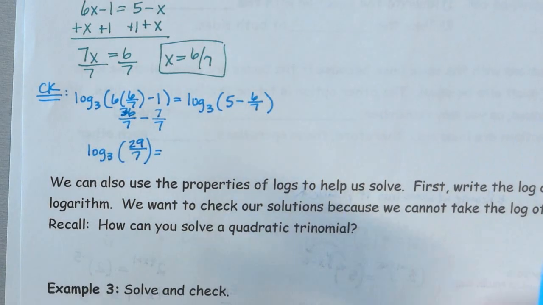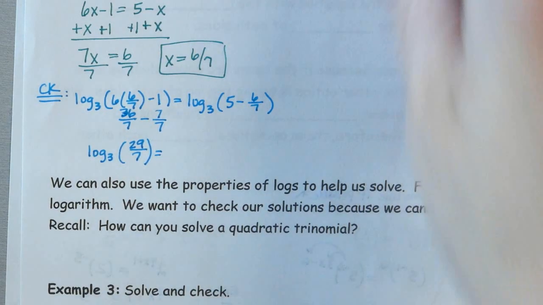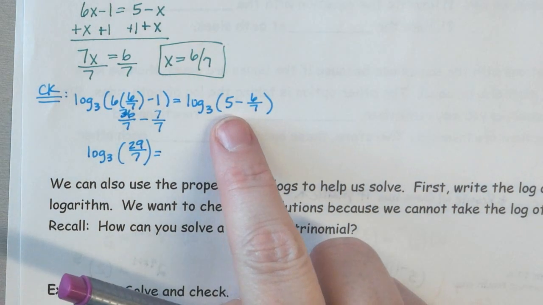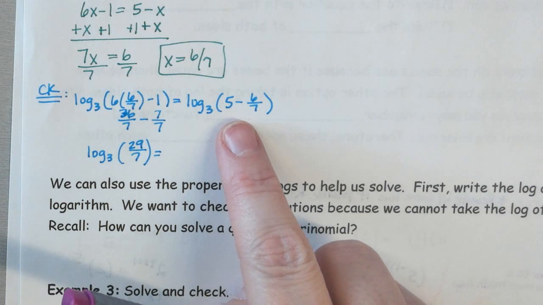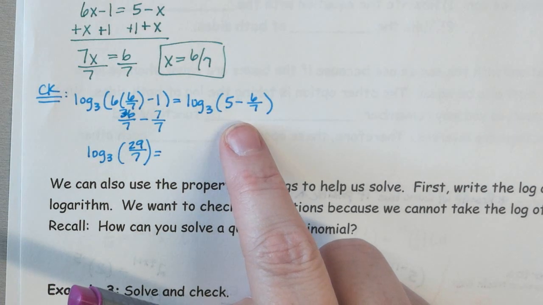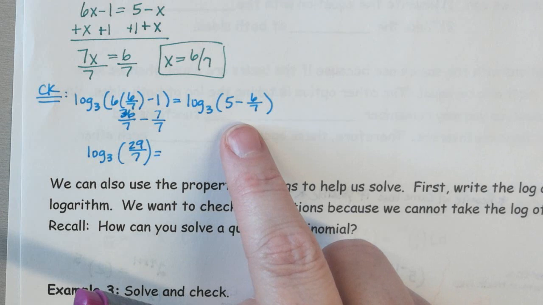Now, if you're using mental math, I would just rewrite this as a mixed number, right? Because what's 5 minus 6/7 as a mixed number? Yeah, 4 and 1/7. So that's something I thought you guys could do easier, like mentally, right?